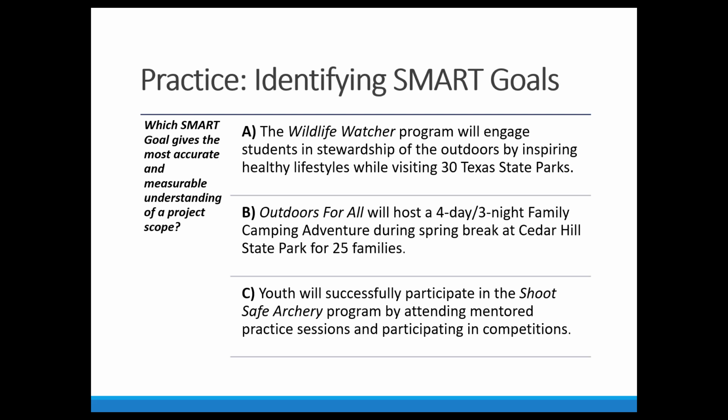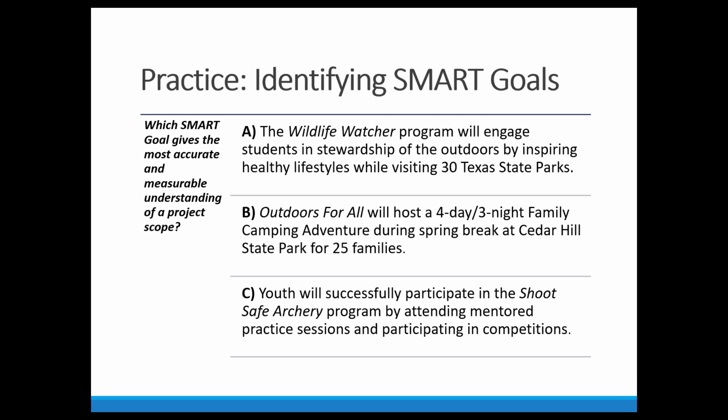It says they'll successfully participate in the program, but I'm not really sure what the outcomes are, how many practice sessions, how many competitions, when this is happening. So there's a lot more details that could be added to this goal that would help meet those SMART goal criteria.